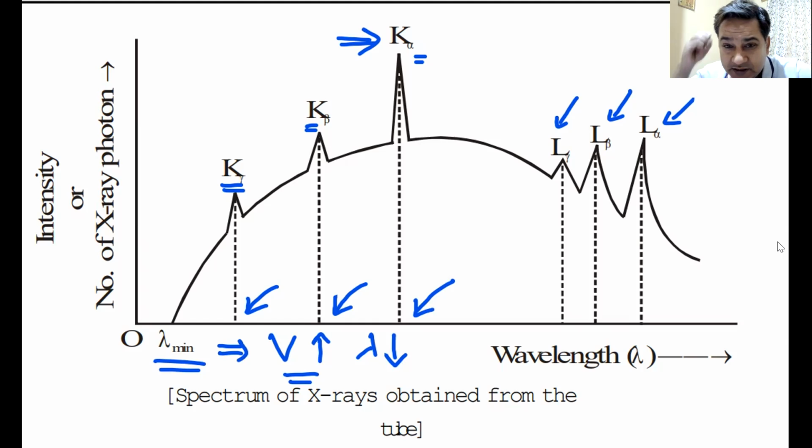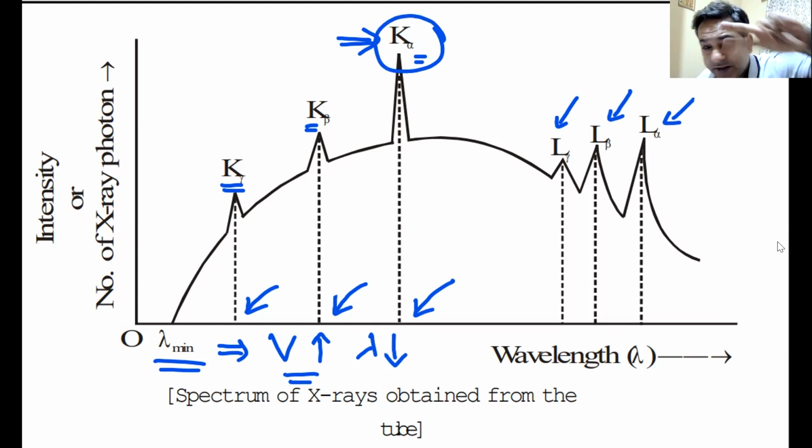The K alpha wavelength will always be higher than K beta and K gamma. Do we understand this? Yes, sir. So the wavelength will always be in this ratio or this series. Alpha series will always have the maximum wavelength because it is the difference between two consecutive shells. The difference between two consecutive shells is always the minimum. We understand this? Yes, sir.